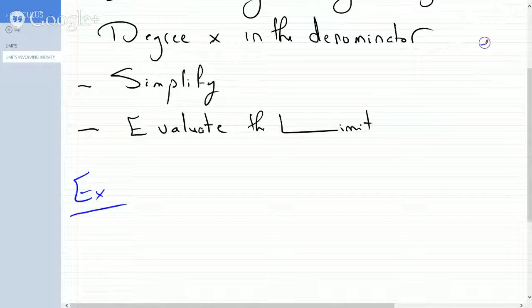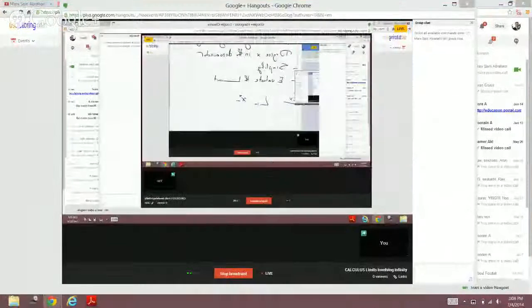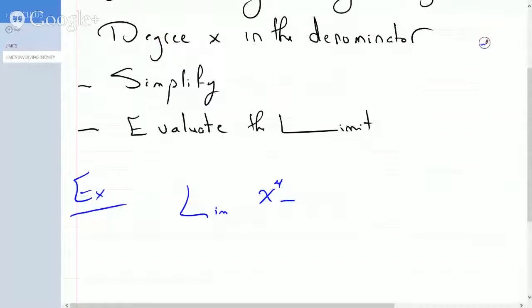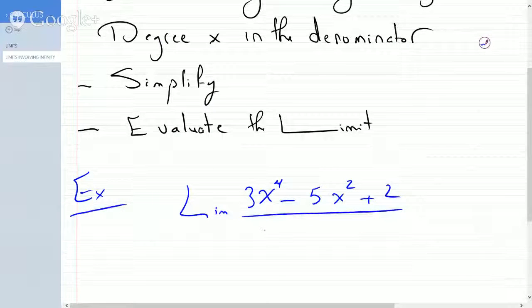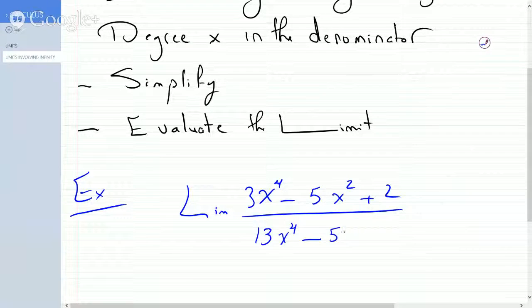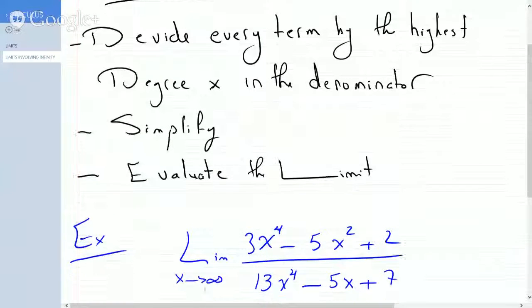Let's say we have the limit of 3x to the 4 minus 5x squared plus 2 over 13x to the 4 minus 5x plus 7, as x goes to infinity. These rules only apply to limits involving plus infinity or minus infinity.